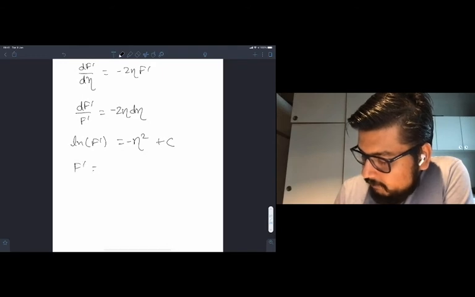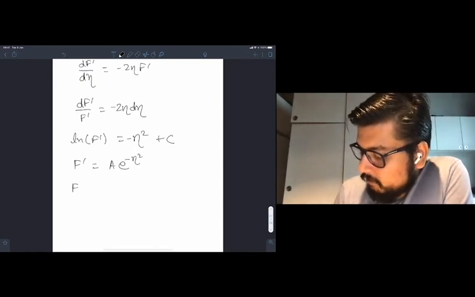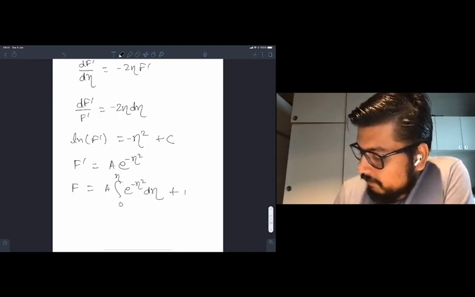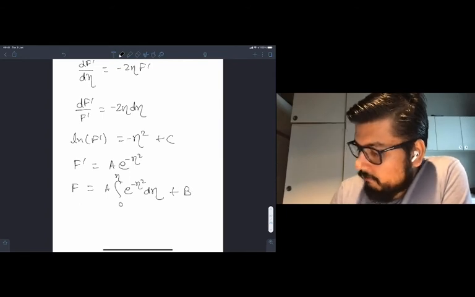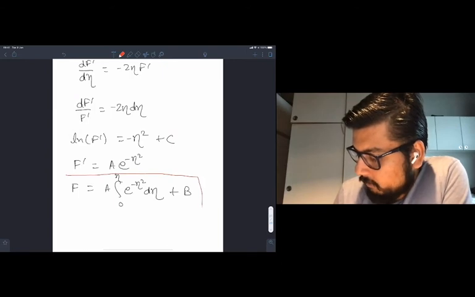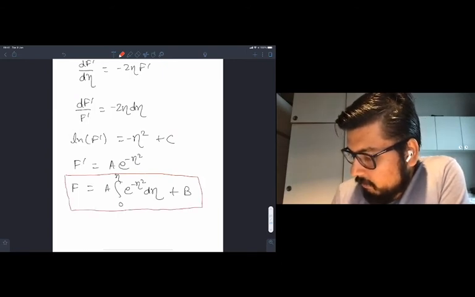We can write it as f prime is nothing but a times e to the power minus eta square. So from here, f will be a integration 0 to eta e to the power minus eta square d eta plus b, where a and b are the constants of integration that we need to figure out by using the boundary conditions.